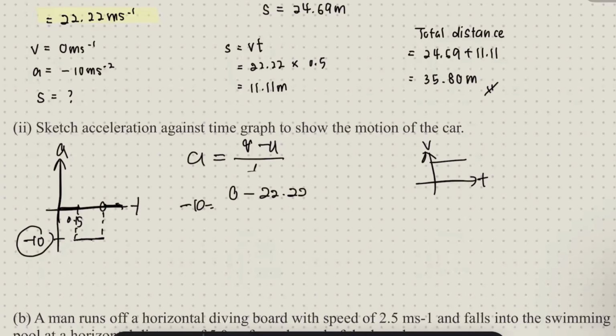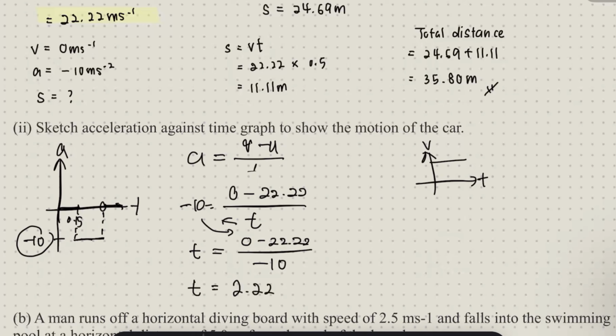So we will get 0 minus 22.22 over -10. And we will get the time to be 2.22 seconds. But this is only for the deceleration. To get the value here, you need 2.22 seconds plus 0.5, which gives 2.72 seconds. So our complete graph will be like this.